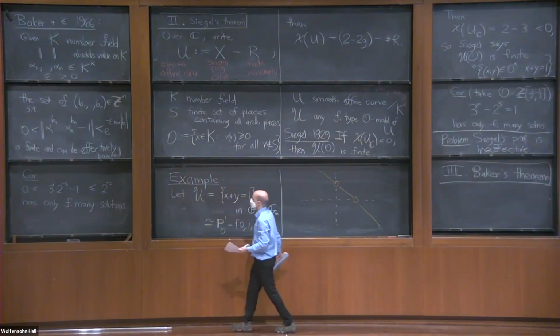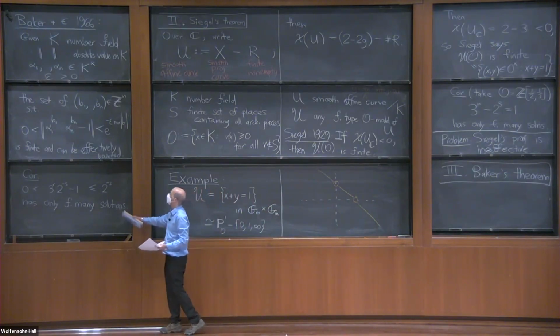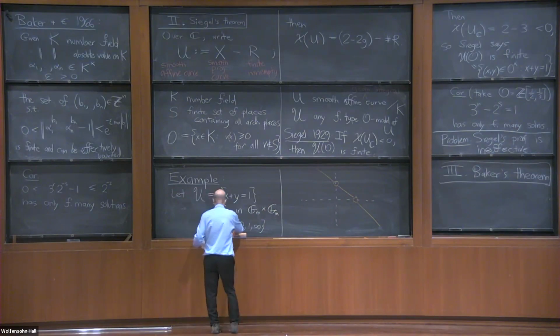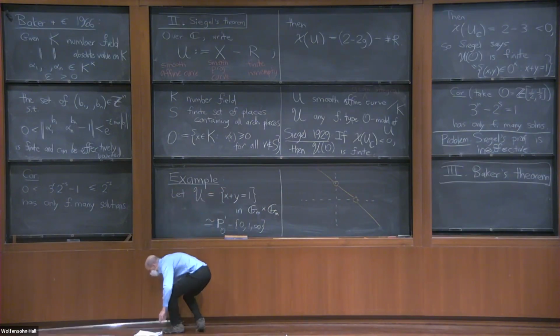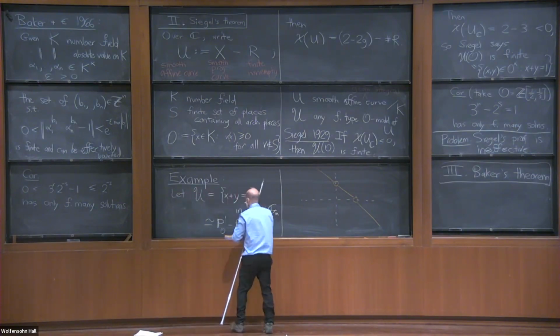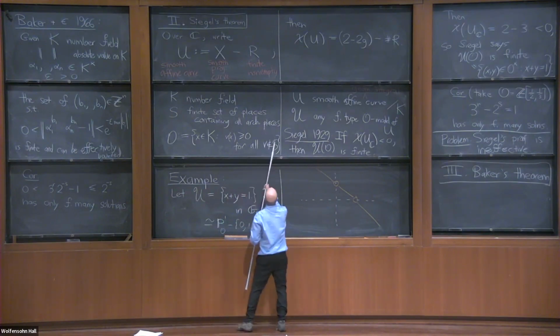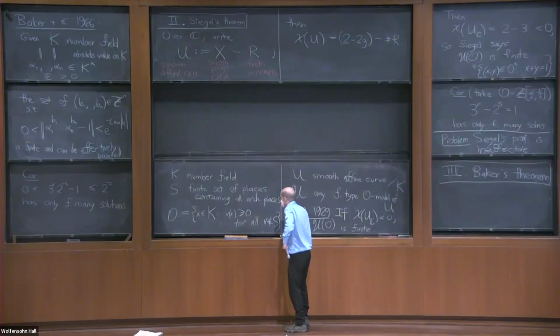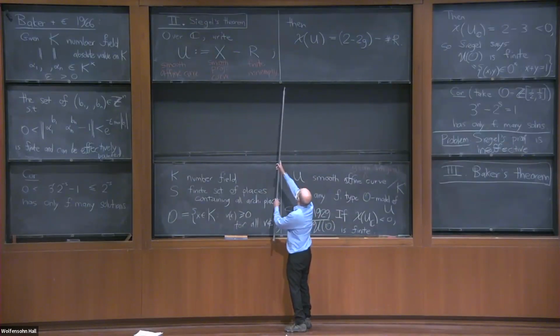And so by a similar argument, you can use this to bound the solutions to such an equation. All right, so that's how you can use Baker's theorem to say something about Diophantine equations, in particular S-integral points on curves.